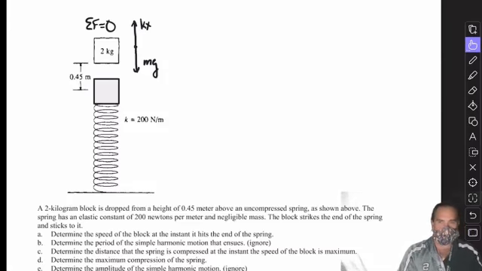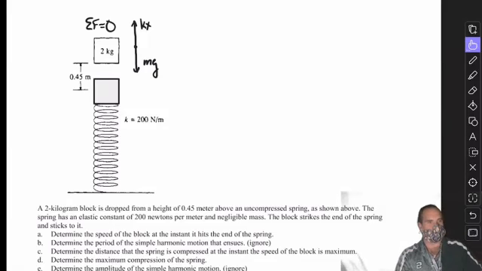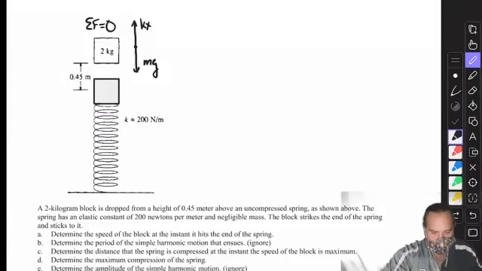It passes right through that point though, because the block has inertia. Because it has inertia, it will continue to compress that spring, which is why there'll be a larger upward force than downward force, which is going to start to slow the block down until the block comes to rest. So this intermediate point right here is going to represent the point where the block is at its maximum speed.